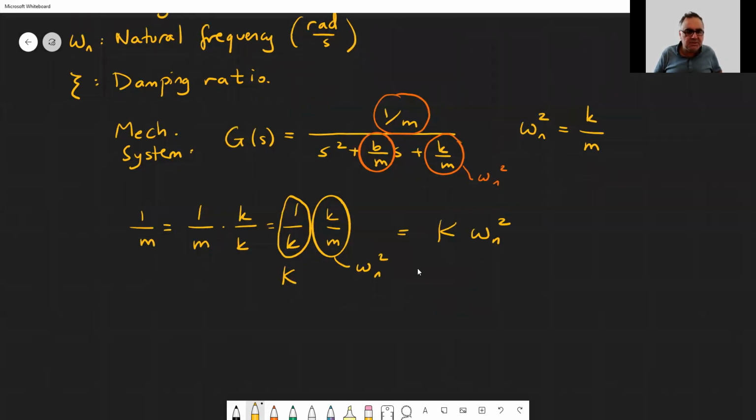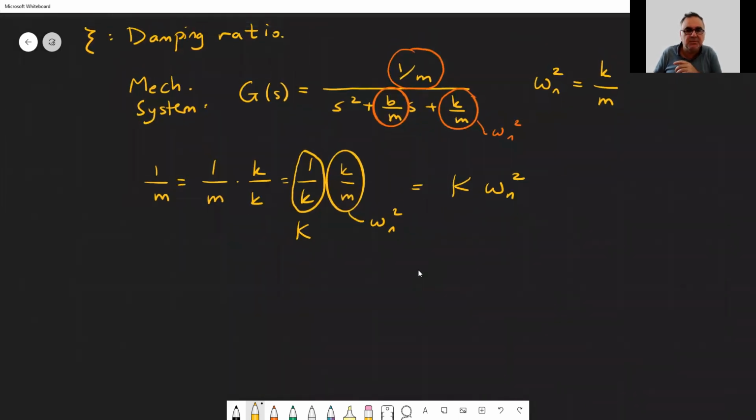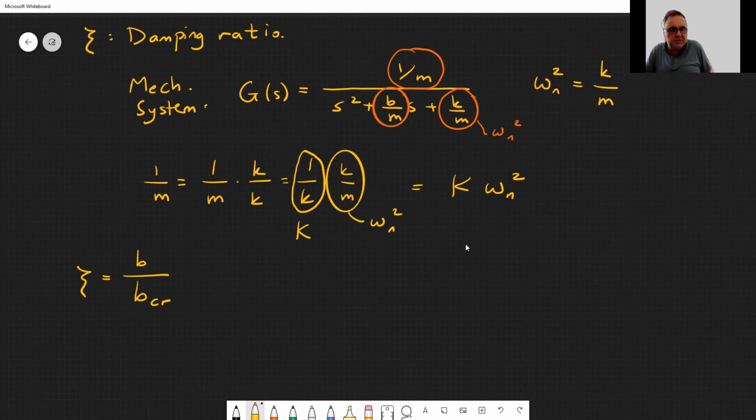Then for the damping ratio, what do we do with this B over M term? Well, we have the damping ratio, zeta. Zeta, by definition, is the following: B over B critical damping. The critical damping is the value at which the system damping is at the critical, and it is defined by, as we will see, 2 times root mk.